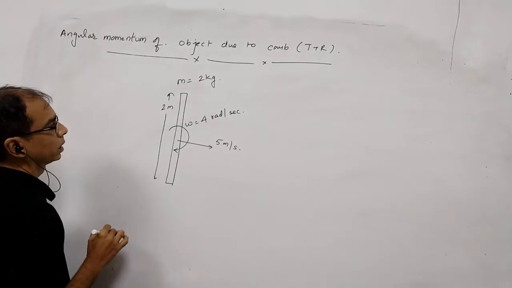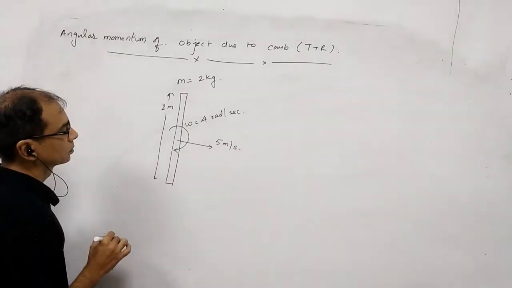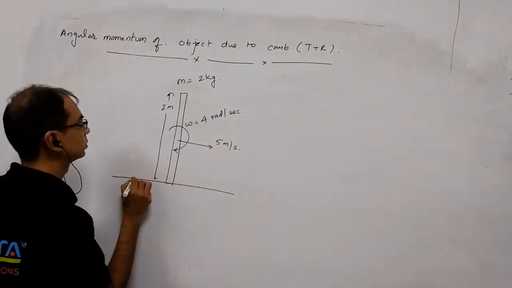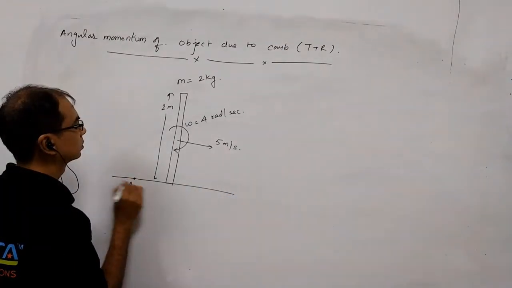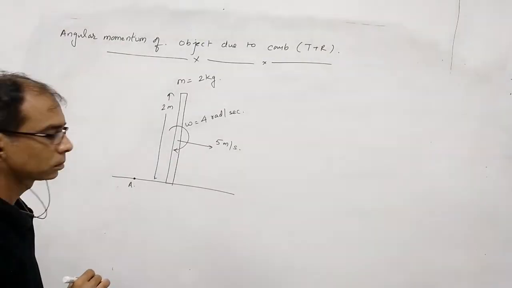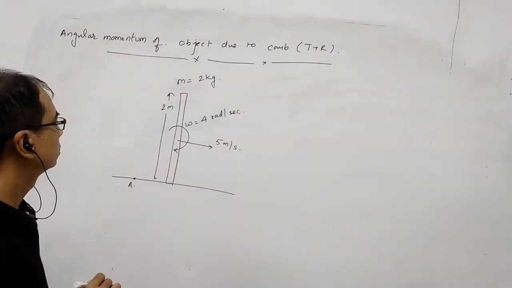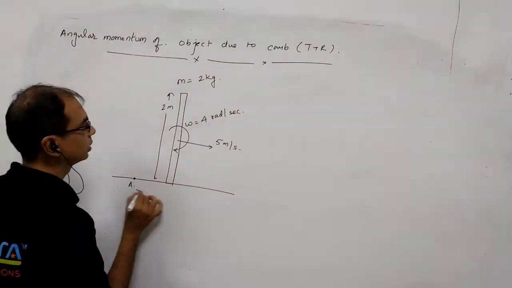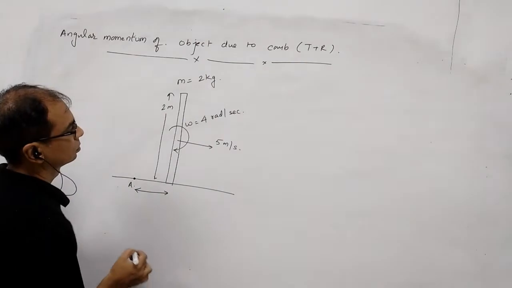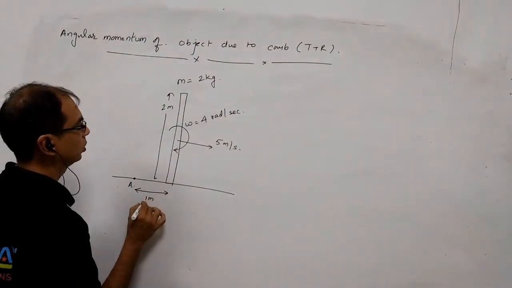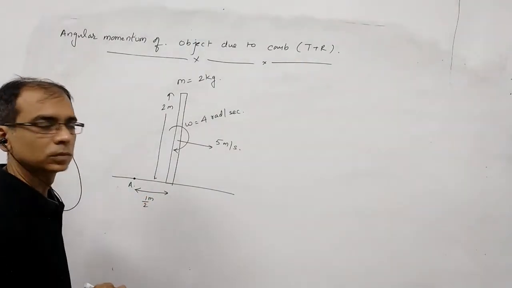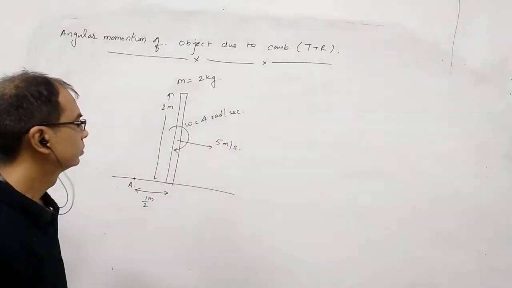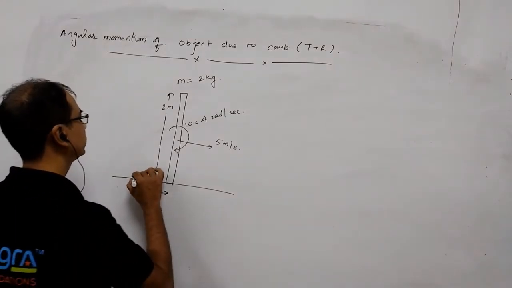And take point A only. Point A is here. About point A you have to find the angular momentum, and this distance is given to you as 1 meter. We have to find the angular momentum of this. How to do it? Join this first, because this is R for you.